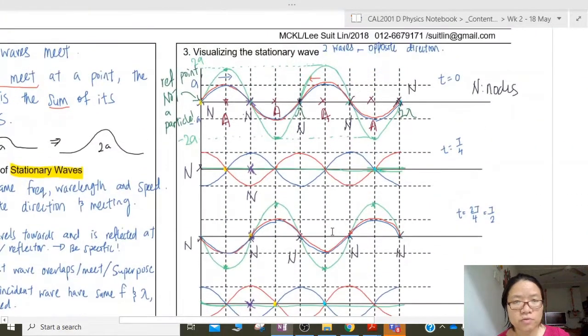So for this one, if you want to find lambda, you will notice that N to N is lambda over 2. A to A is also lambda over 2. So I'm labeling that now. N to N is lambda over 2, and one A to the other A is lambda over 2.